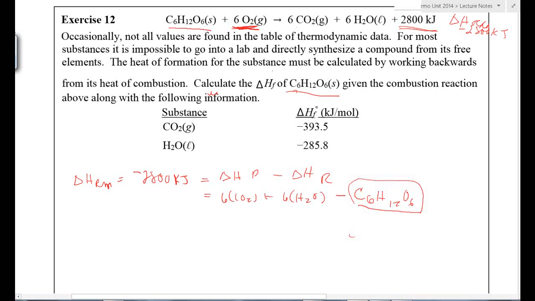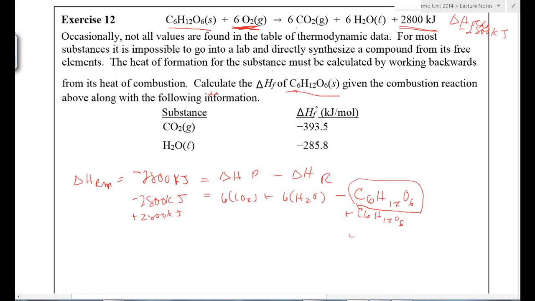I know everything else. So I'm going to rearrange the equation to solve for the heat of formation of this. So I'm going to add 2800 kilojoules to each side, and I'm going to add C6H12O6 to each side.